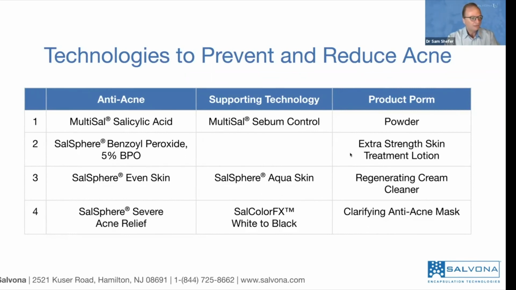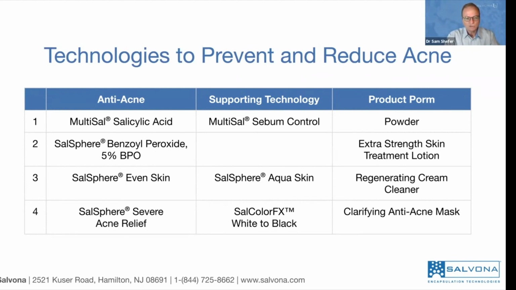Then the second technology is a lotion containing 5% SalSphere BPO. This will be a good example of how to use SalSphere BPO. The third technology is a regenerating cream cleanser. What's interesting about this, you will see how we use a transitional.